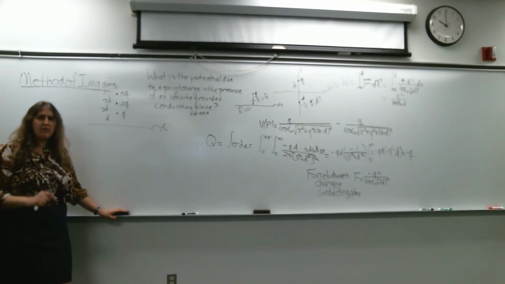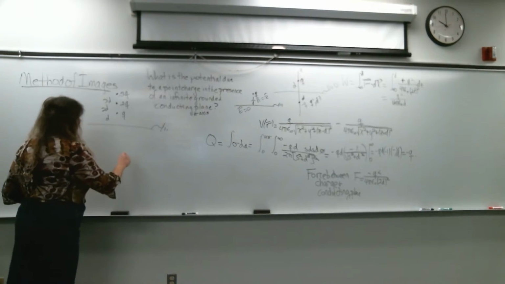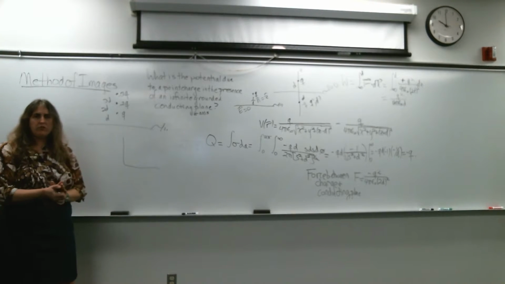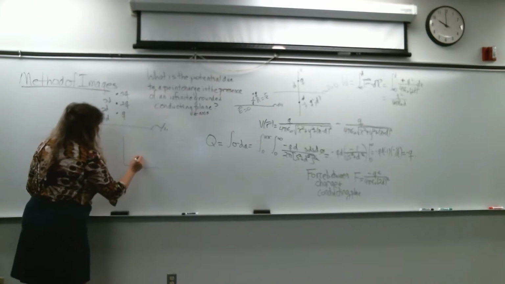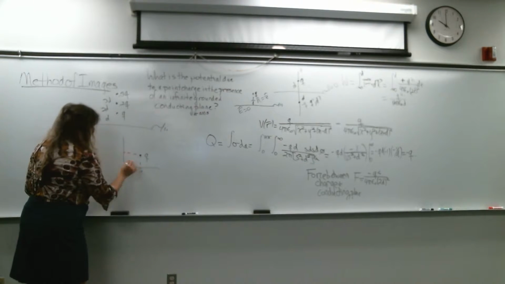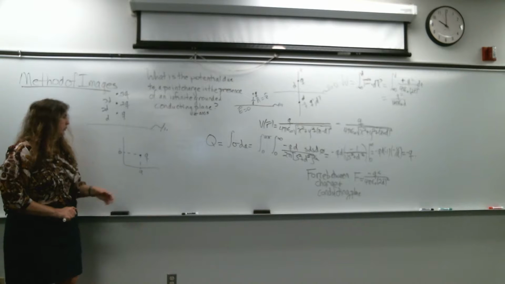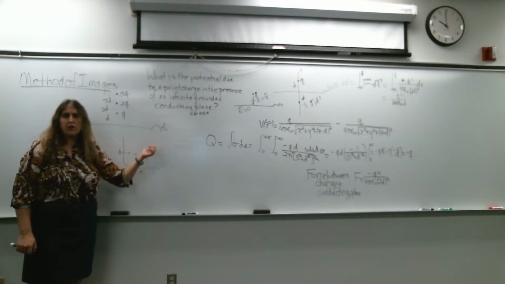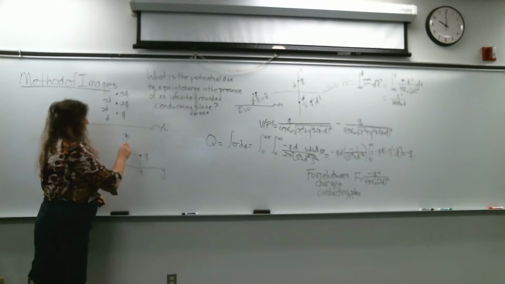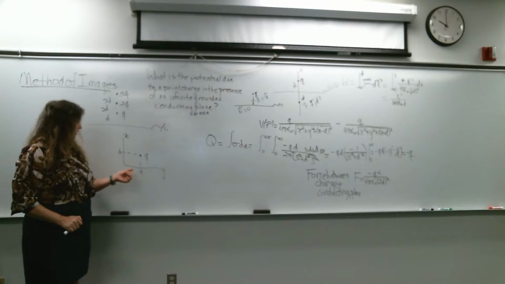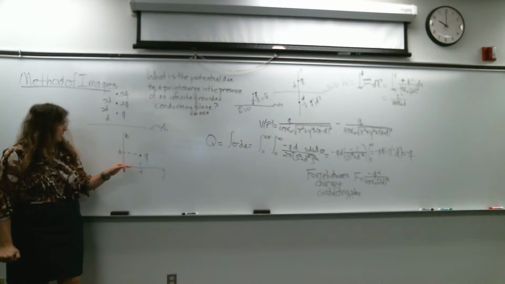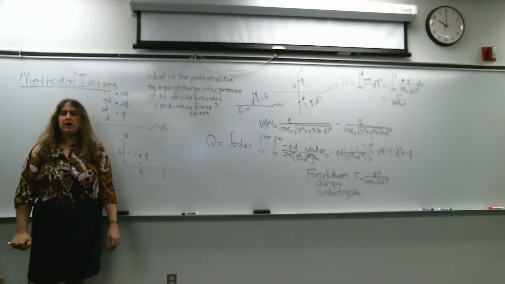What if you don't just have a conducting plane? Let's say that you've got the intersection of two conducting planes. And your charge Q is located at a distance A away from the y-axis and A away from the z-axis, I should say, and a distance B away from the y-axis.